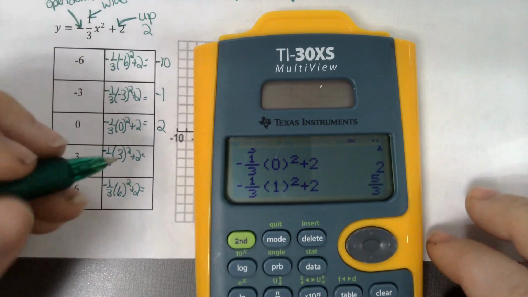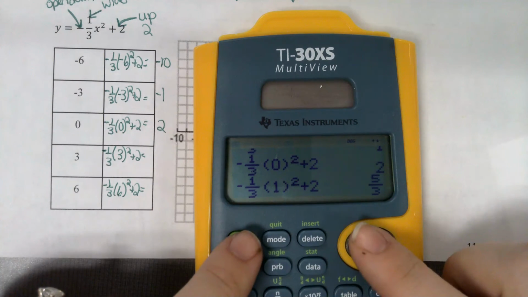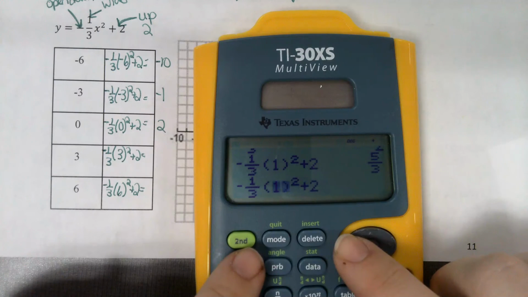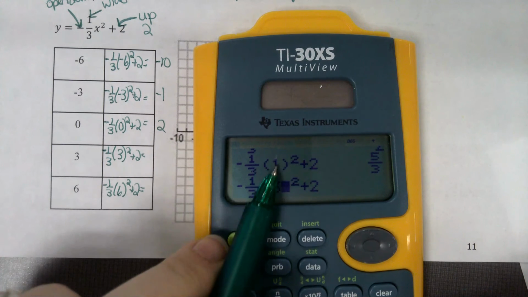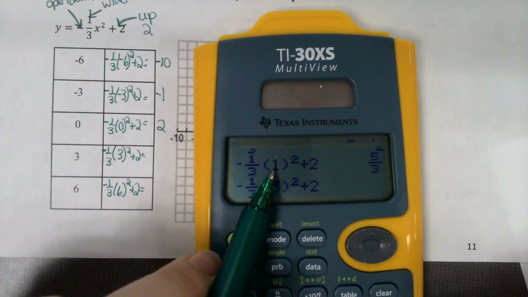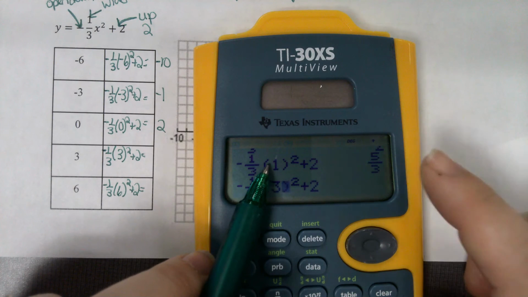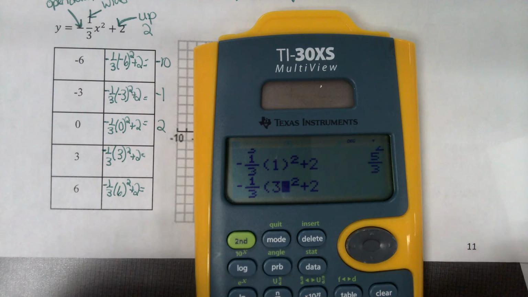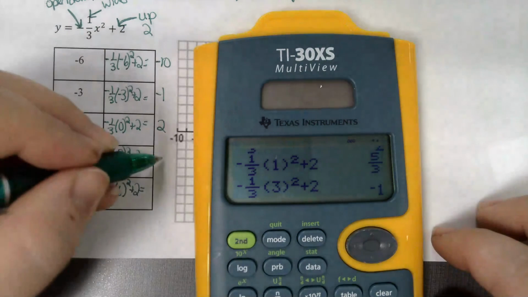And we get, whoopsie, I didn't mean to change it to 1. I meant to change it to 3. But there's a great example as to why I choose numbers that can be divided by 3. Because when I had a number here that wasn't divisible by 3, I ended up with a fraction I'd have to graph. There's our 3.